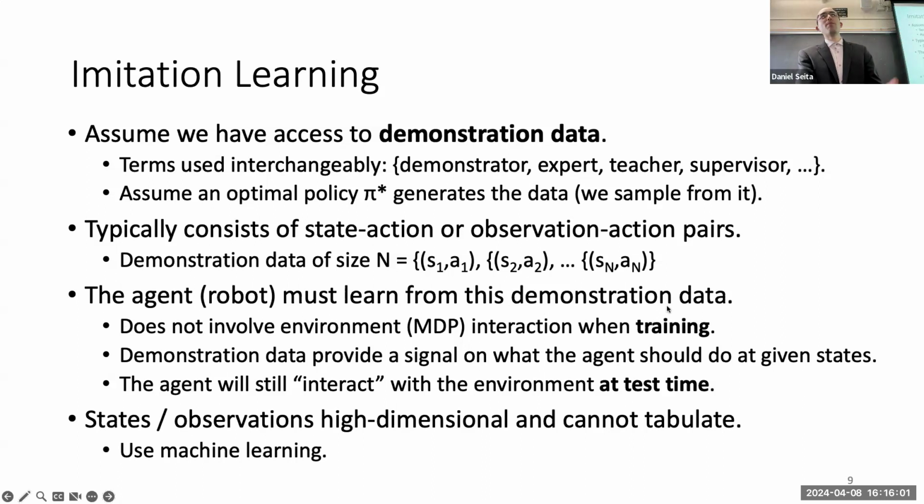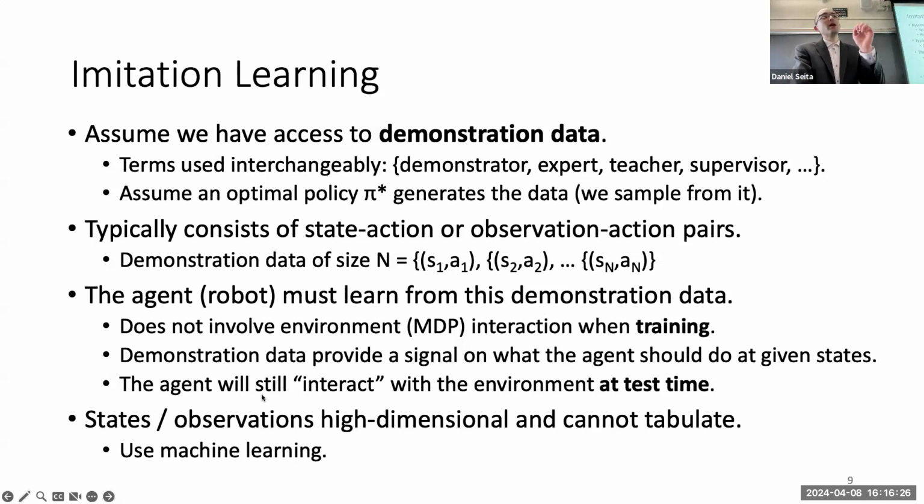Instead of a robot in the real world doing something very risky and exploring, it can just learn without actually doing anything. It just has data, and it can understand what a good action is at these types of states. It doesn't have to try things out, get a reward, and so on.